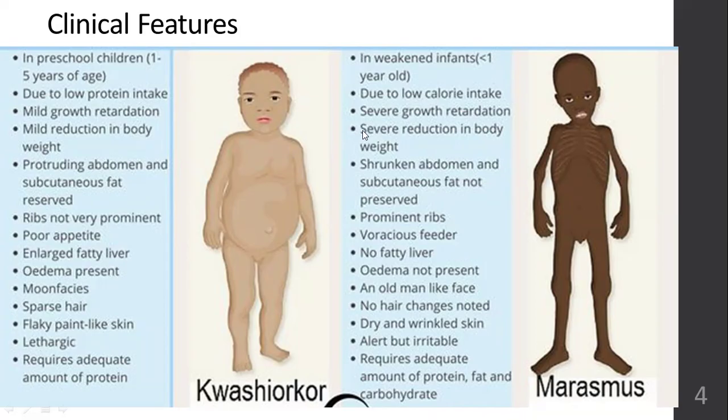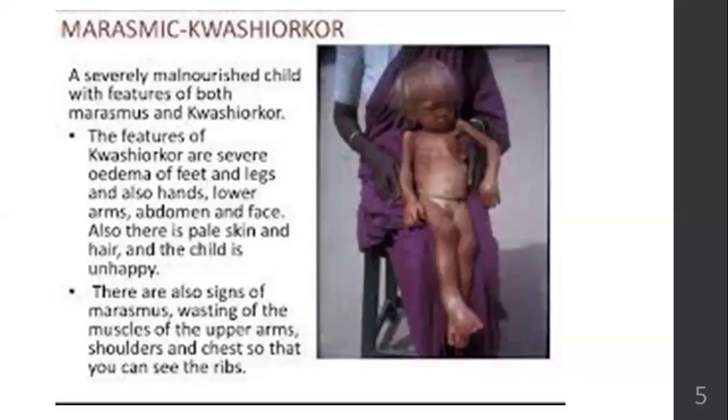Okay, so these are the main differences between kwashiorkor and marasmus. And then we have something that happens in the middle. That is marasmic kwashiorkor. So in marasmic kwashiorkor, just like the name suggests, it will have clinical features of both.